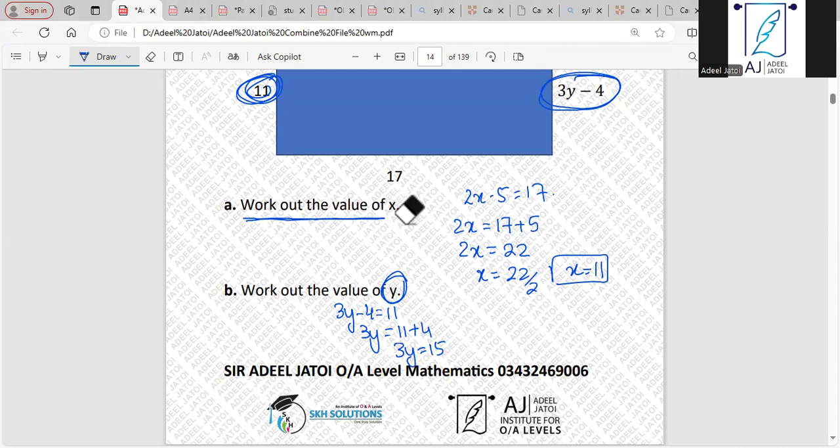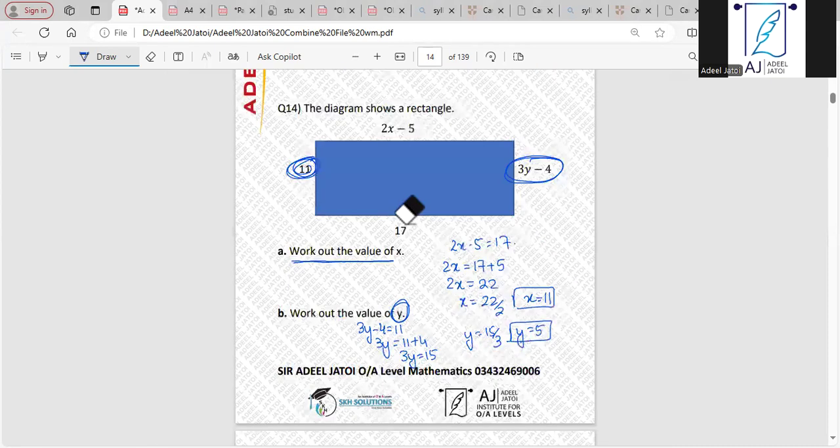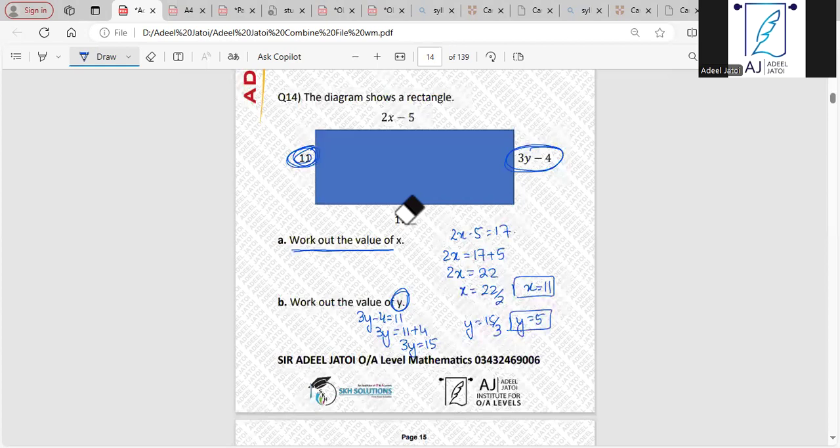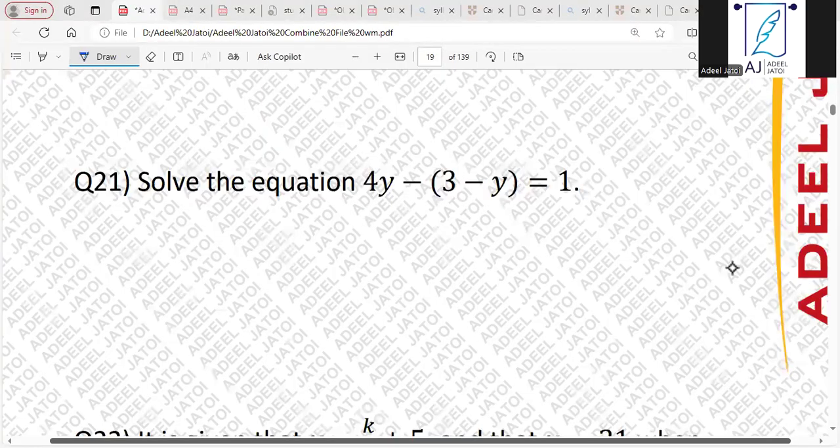Since 3 is being multiplied, it will go to the other side and get divided. So the answer will be 15 upon 3. The answer will be y is equal to 5. So anytime you get such questions where you have a rectangle and you need to find the value of x and y, and the opposite sides are given, we will always be equating the values. Hope it is clear. Let me know in the chat, please, that the answer that we got is right.